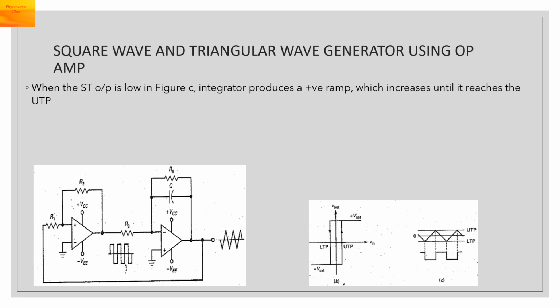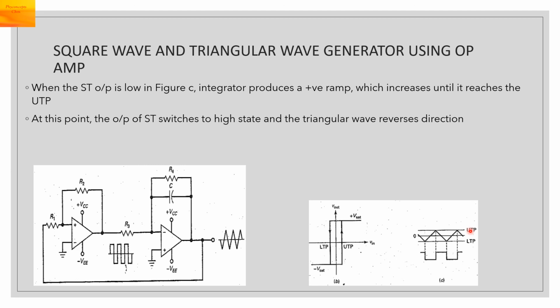When the Schmidt trigger output is low in this diagram, the integrator produces a positive ramp which increases until it reaches the UTP. Now at this point the output of the Schmidt trigger switches to the high state and the triangular wave reverses its direction.